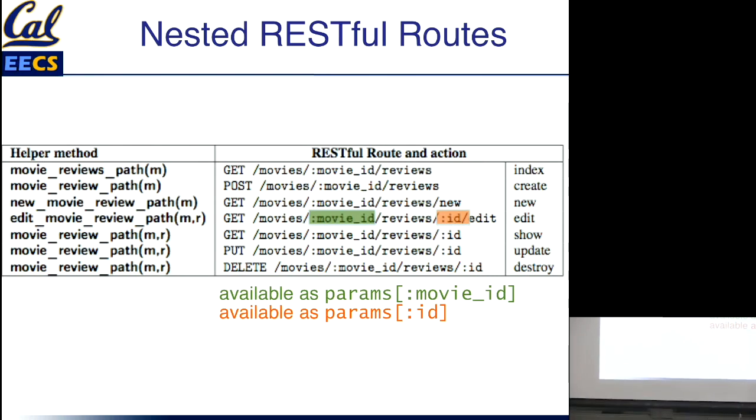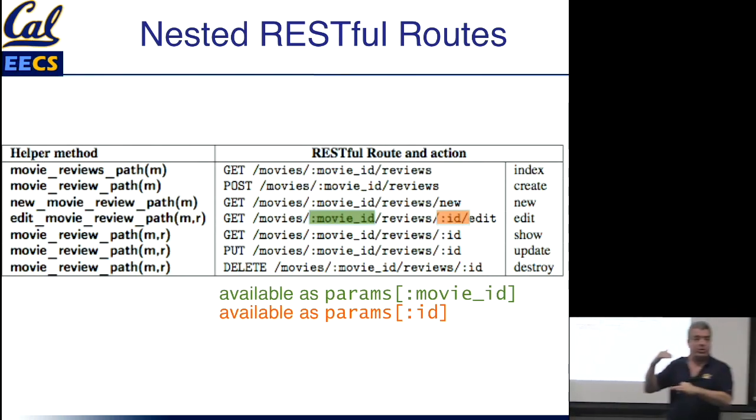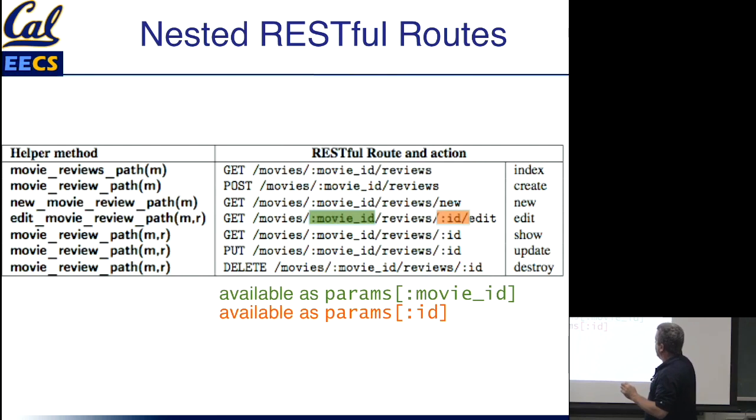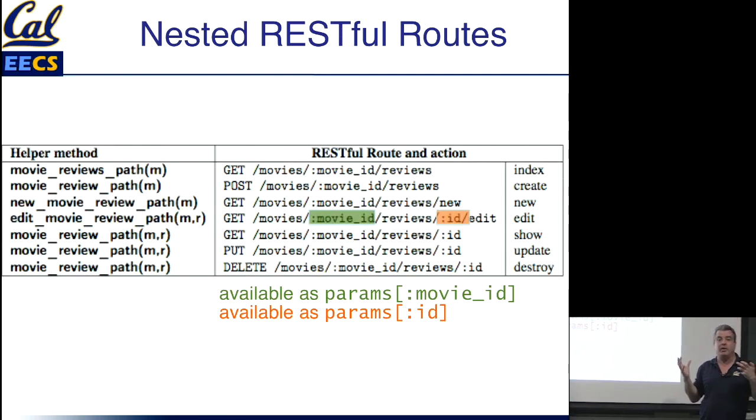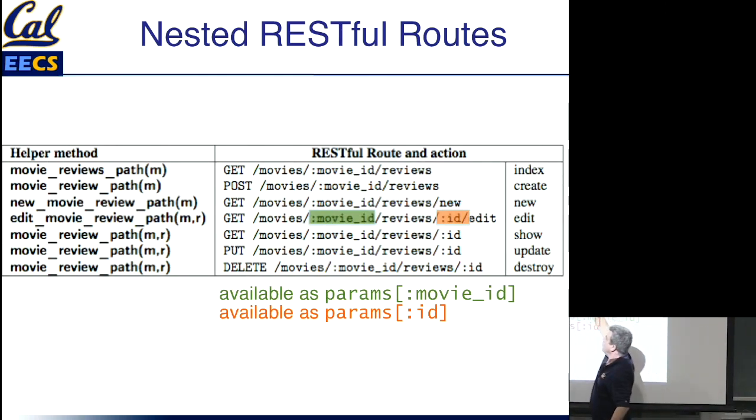You could just have movies and reviews each be a flat resource and have your own mechanism for passing around what the movie ID should be. But from a RESTful philosophy point of view, it's much nicer if just looking at the route tells you a review is a thing that is associated with a movie in a way that doesn't make sense to separate. We never talk about a review without also talking about which movie it is for.